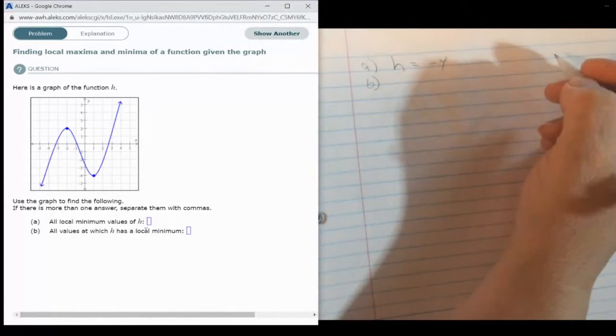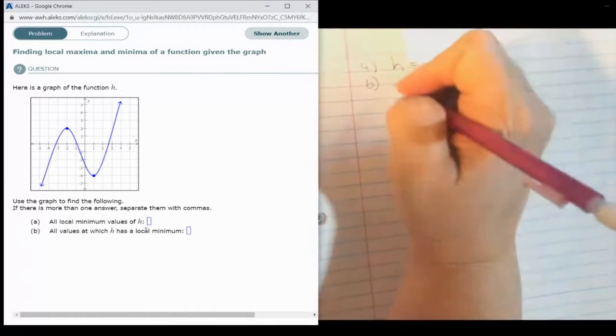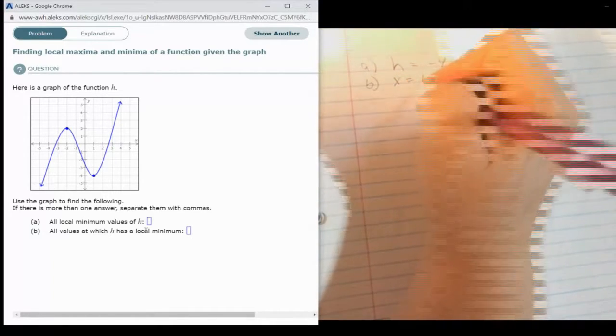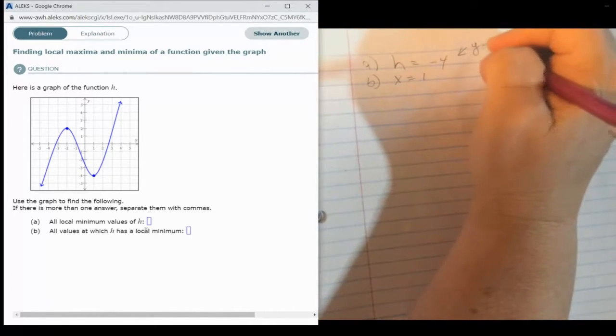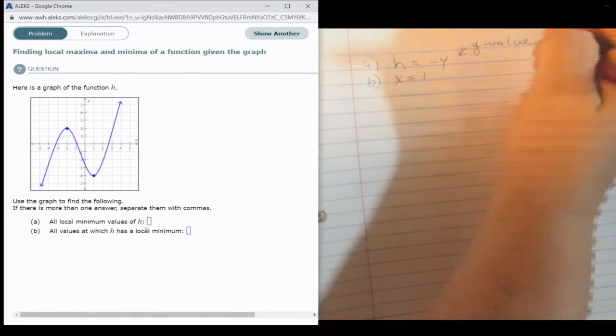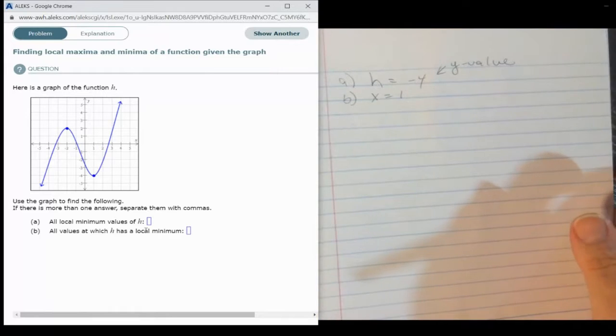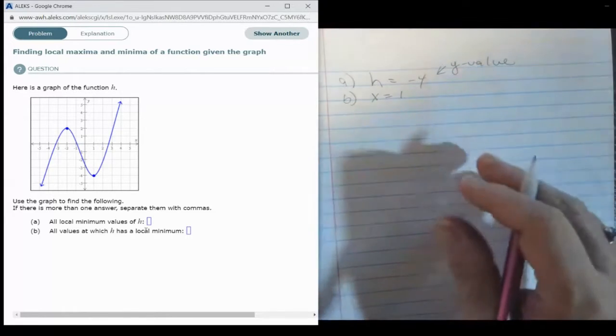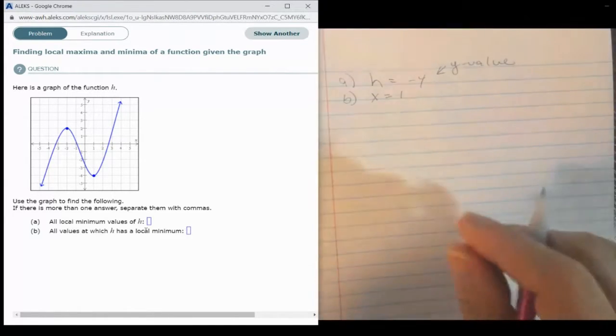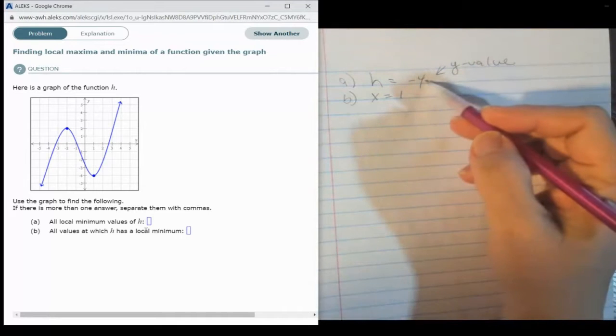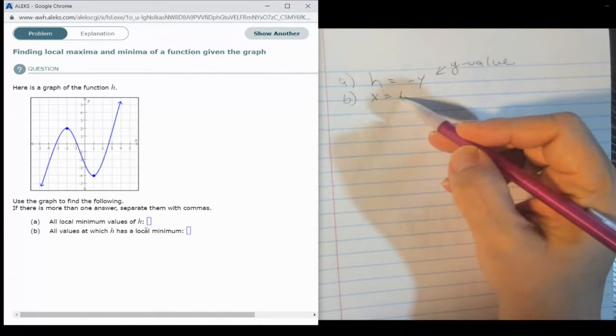All the values at which h has a min, there's only 1, and it's at 1. So this wants the x value. This is the y. I think the wording's a little strange, but this is the minimum value when x is 1.